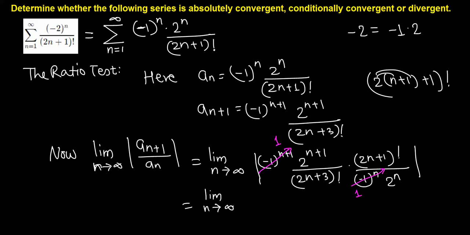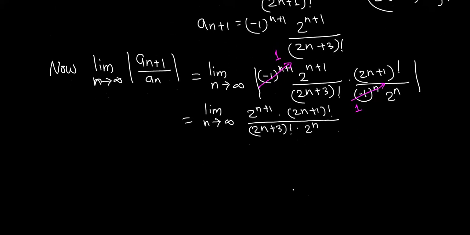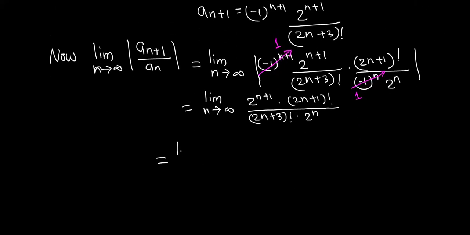The limit as n goes to infinity of 2^(n+1) on the top, times (2n+1)! on the top, divided by (2n+3)! times 2^n. Now we need to simplify this fraction because we can cancel a lot of things here.